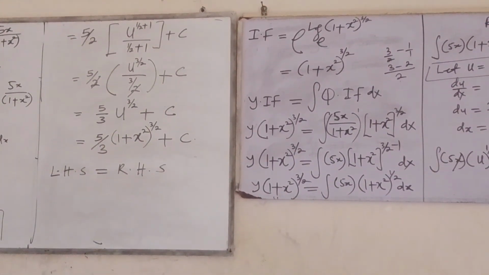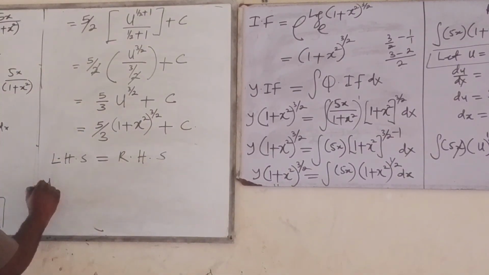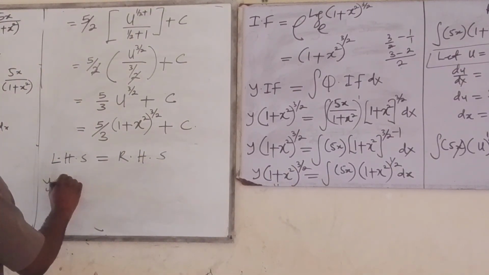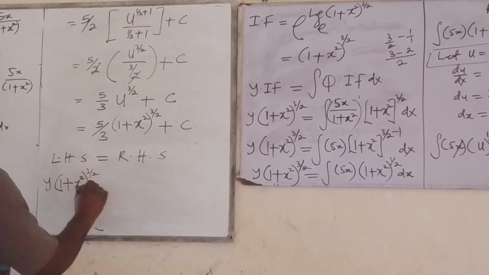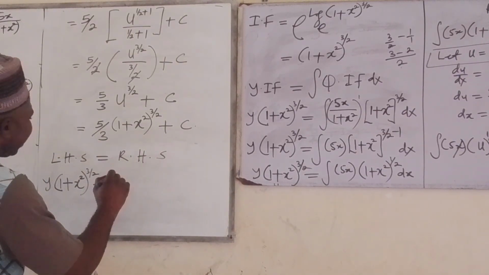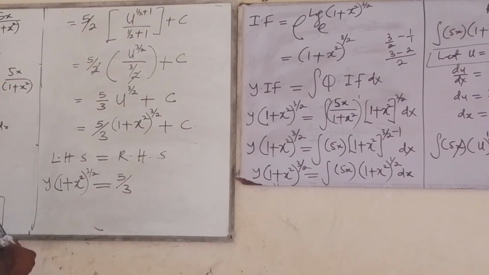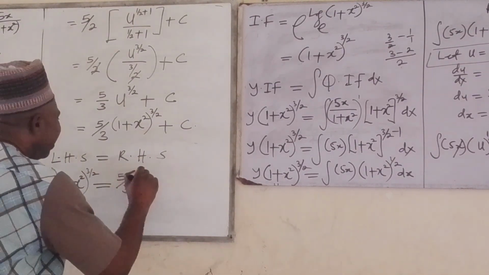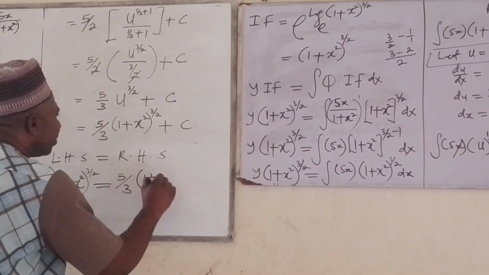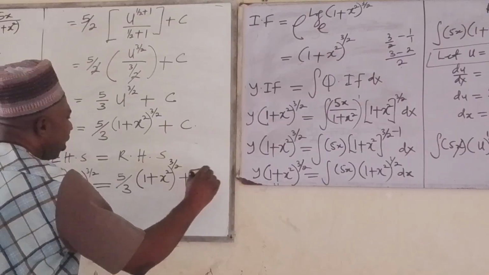For the left hand side, we have y in brackets 1 plus x squared raised to the power of 3 all over 2, equal to, for the right hand side, 5 all over 3 in brackets 1 plus x squared all raised to the power of 3 over 2 plus c.